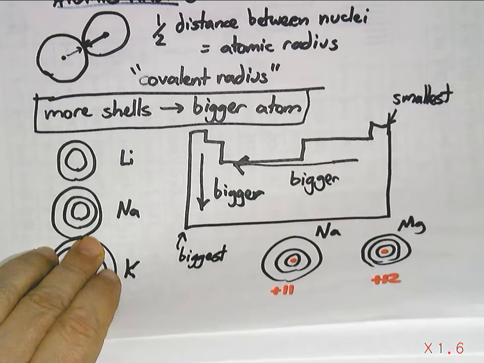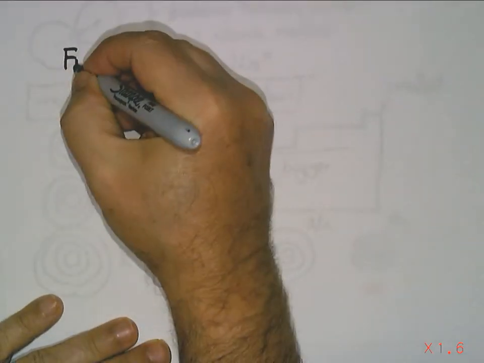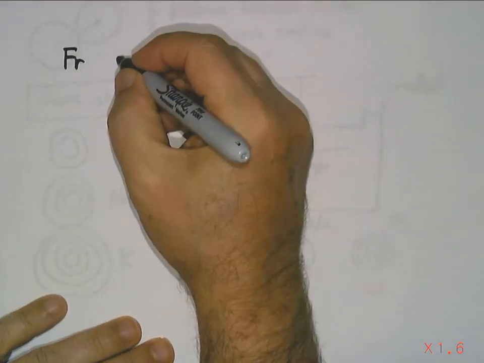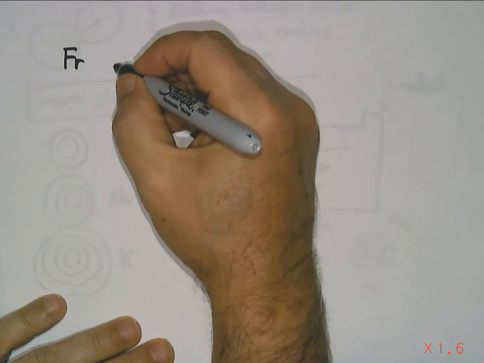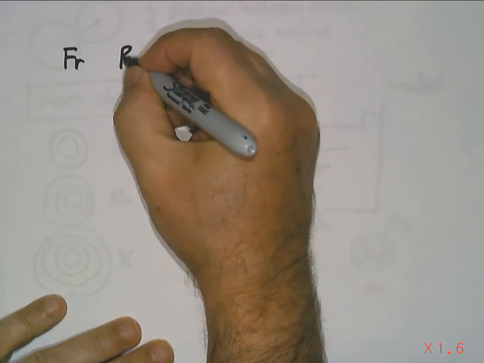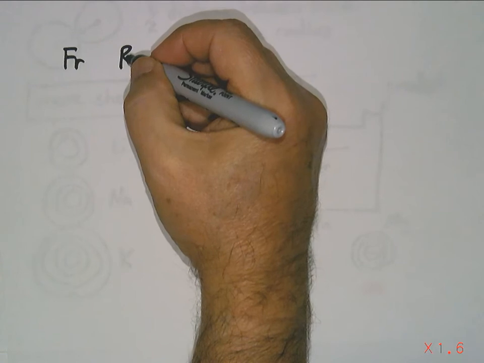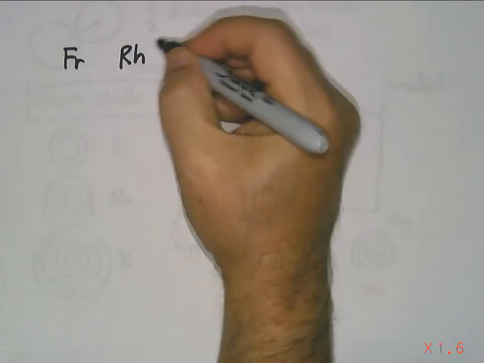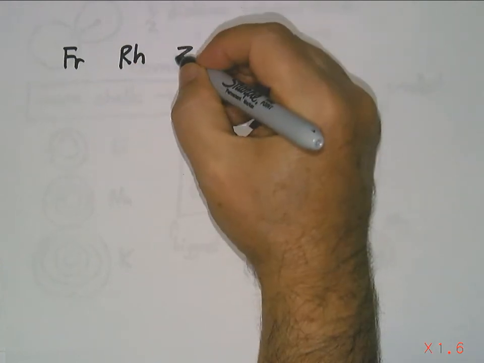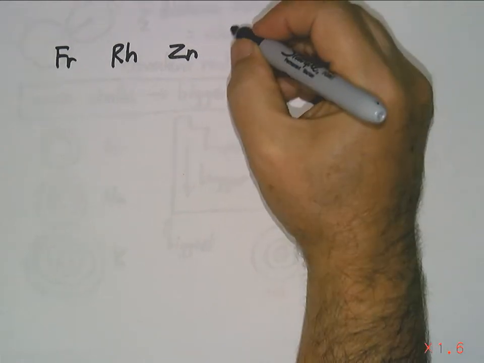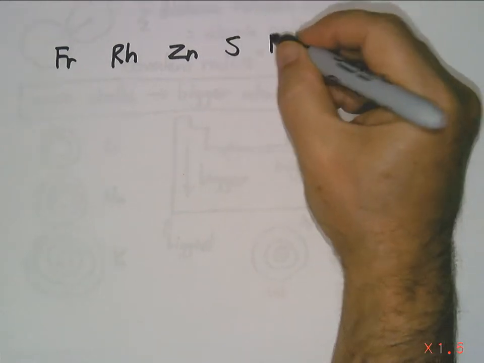Let's suppose somebody gives you, I don't know, francium, we'll pick out some weird ones: rhenium and zinc and sulfur and fluorine.